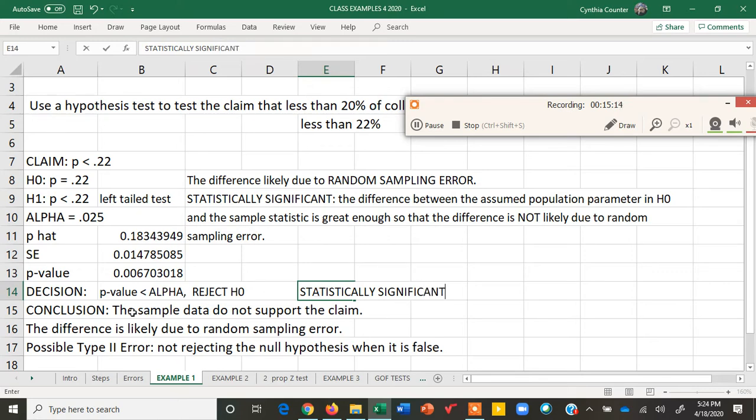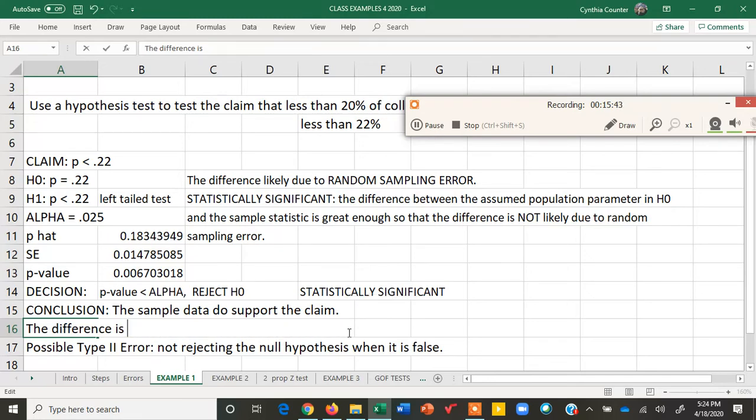So the sample data support the claim. Now the sample data do support the claim, because we rejected H0, we rejected the assumption and supported the alternative, which is the claim. So the difference is not likely due to random sampling error here, but the difference is statistically significant.